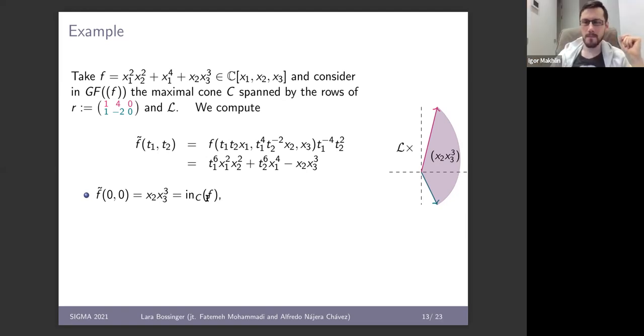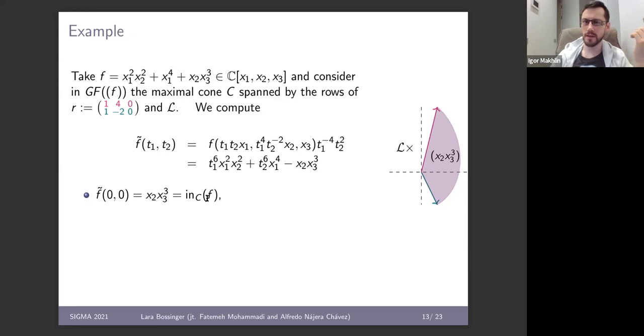And if I have an element of a Gröbner basis that is not an element of the reduced Gröbner basis, this might not work. If you write out this f tilde, it might not have a unit coefficient anywhere.